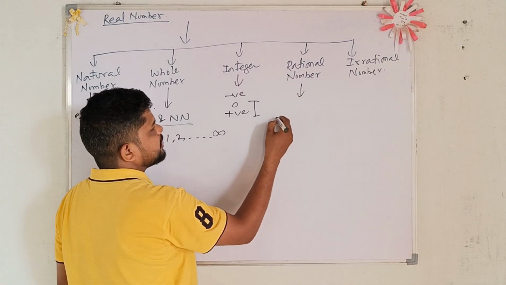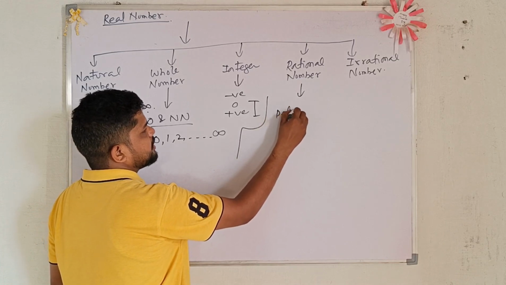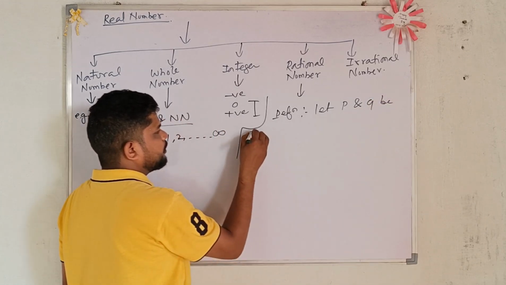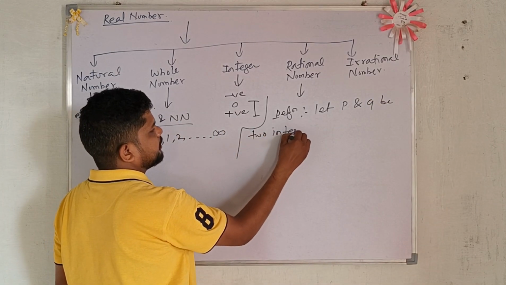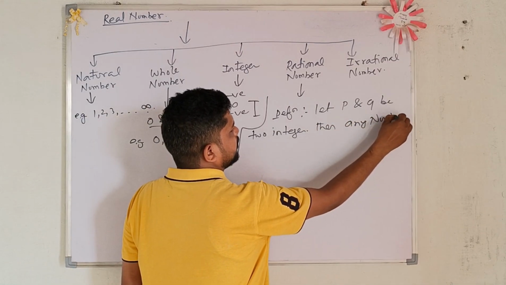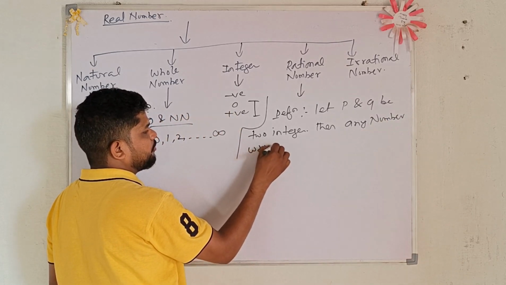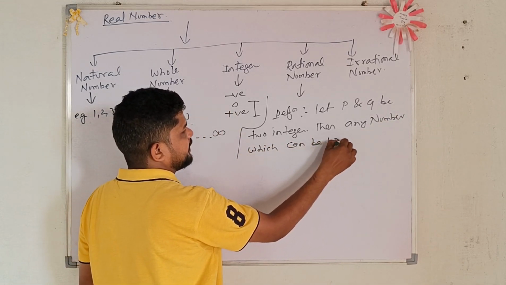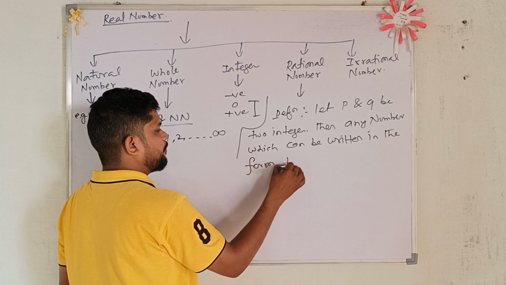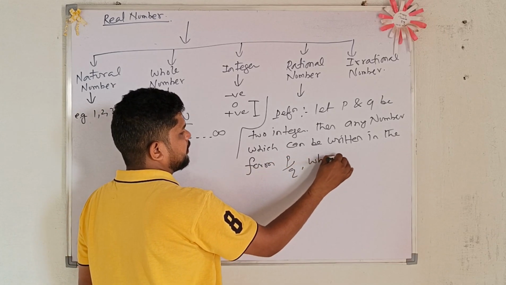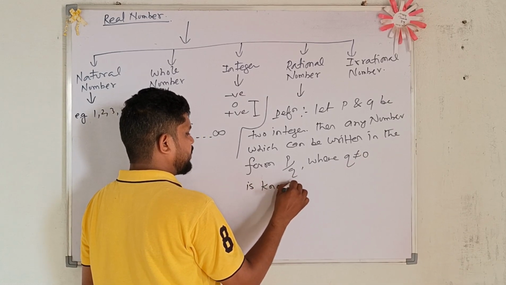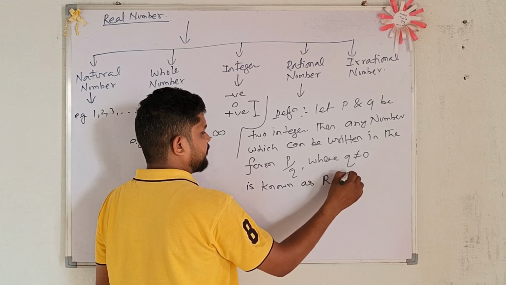For rational numbers, we have this definition: let p and q be 2 integers, then any number which can be written in the form of p by q, where q is not equal to 0, is known as a rational number.